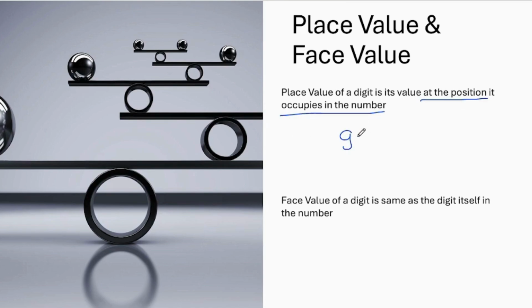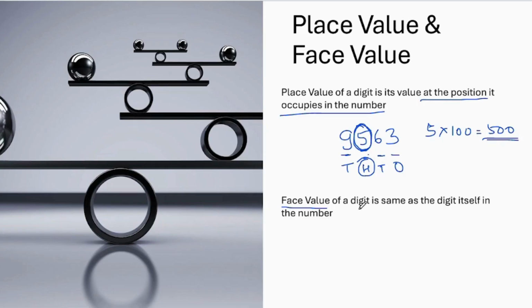From the previous example, 9563, if I ask what is the place value of 5 in the given number, it will be the value of its position. We know this is ones, tens, hundreds, and thousands. So the place value of 5 is 5 multiplied by its position, which is 100, that is 500. So the place value of 5 in 9563 is 500.